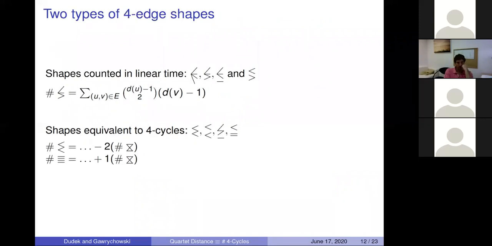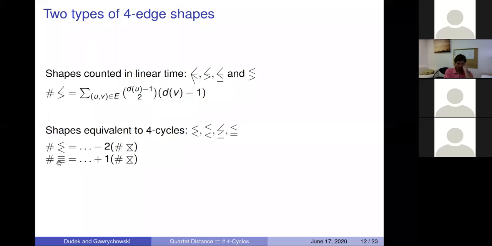So the conclusion is that we figure out that there are 2 types of shapes. Some of them can be counted in linear time. You have some examples, but again, please don't try to read the formula. It's a simple formula depending on the degrees. You can evaluate it in linear time in the number of edges of the graph because you are summing up over all edges. And other shapes turned out to be equivalent to counting 4 cycles in the following sense.